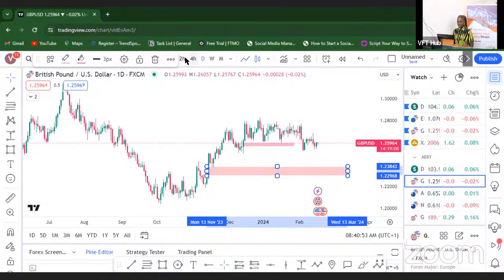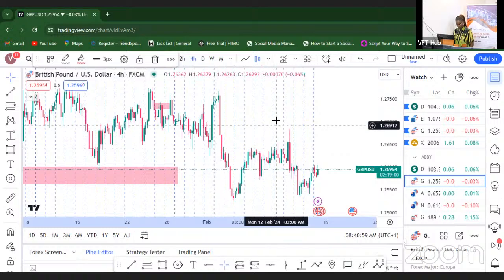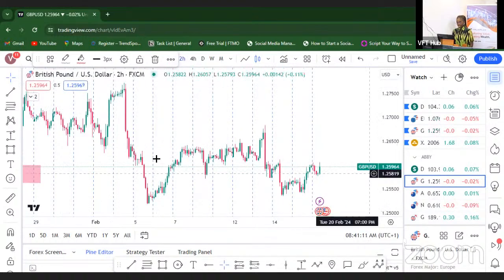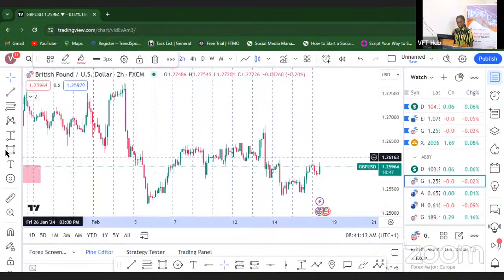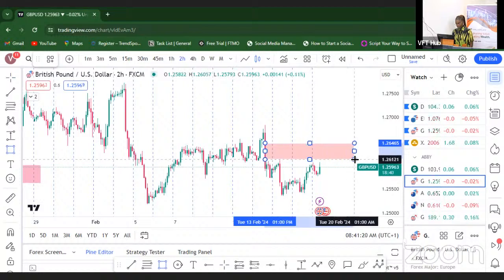On the 4-hour time frame, price has tapped into this fair value gap and is coming down. So I am very bearish on GBP USD. On the 2-hour time frame, I'd want to see price trade into this fair value gap to fill it up before I am confident to ride it all the way down.